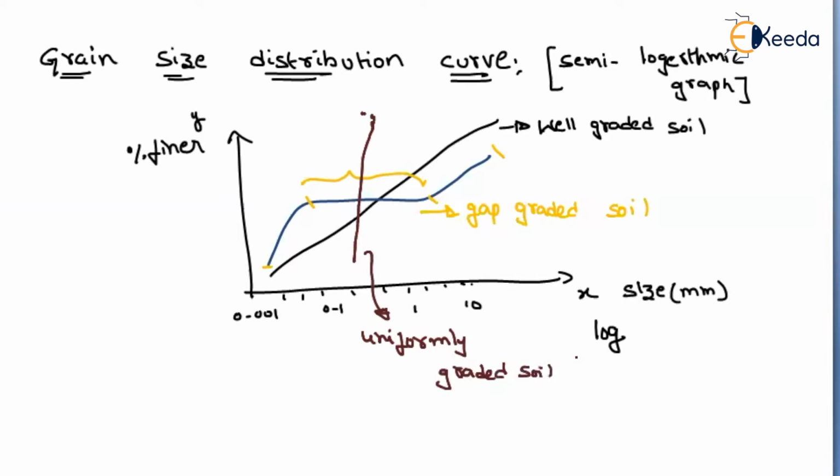If your soil consists of all the sizes of particles, we call it a well graded soil. Let me write it down here: a well graded soil. What is meant by well graded soil? It consists of all the varieties, that means all the sizes, or we can say it will have different sizes of particles.